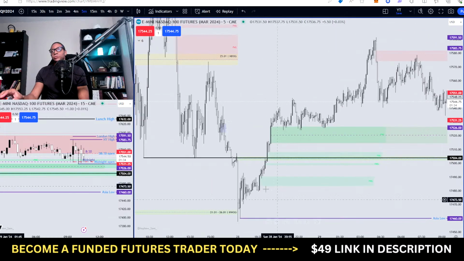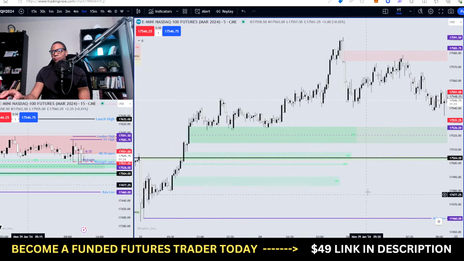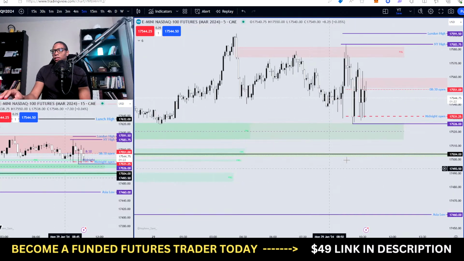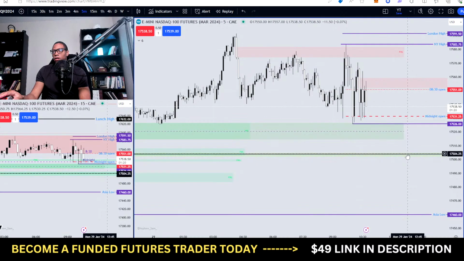Oh, I see what it is. Regular trading hours is 415, not 459. Yep, so I stand corrected. Regular trading hours would end right in this area around 504, but we do have the Asia low down at 460. But I would take it from here.